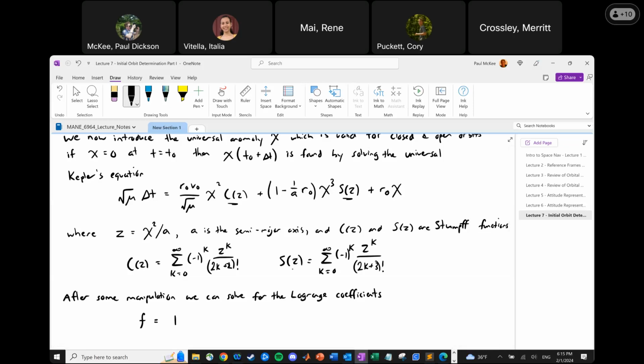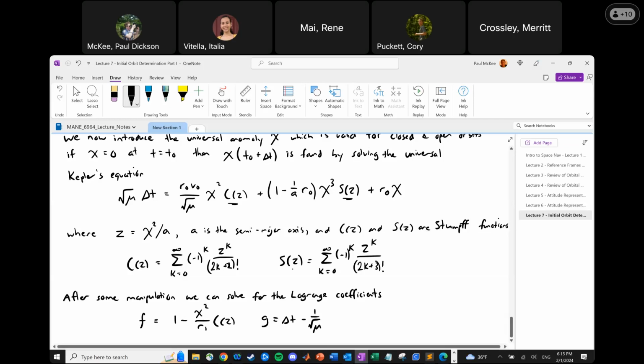F is 1 minus chi squared over R1 times C of Z. G is delta T minus 1 over square root mu chi cubed S of Z. And G dot is 1 minus chi squared over R2 as a scalar, C of Z. Okay, so we've got our 3 Lagrange coefficients.